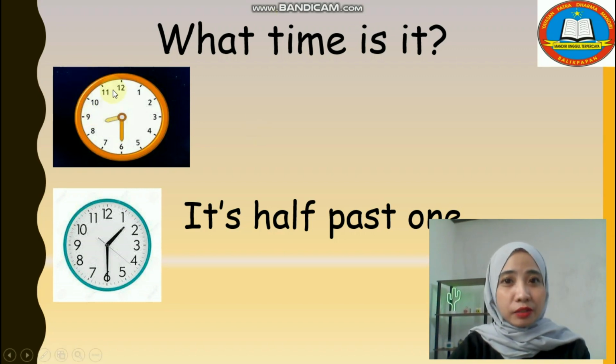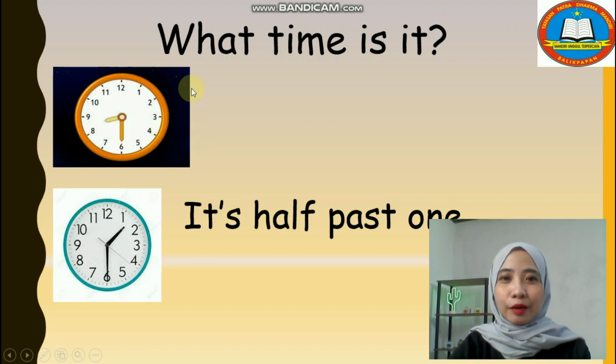Okay, can you find the small hand? Where is the small hand? That's right, it is the small hand. And the small hand is between 8 and 9. We should mention the number before small hand, and it's 8.